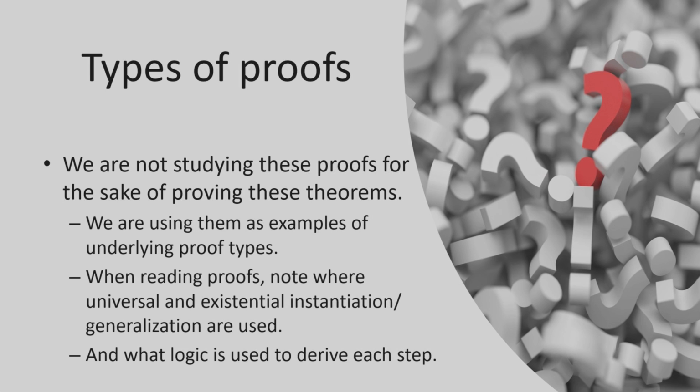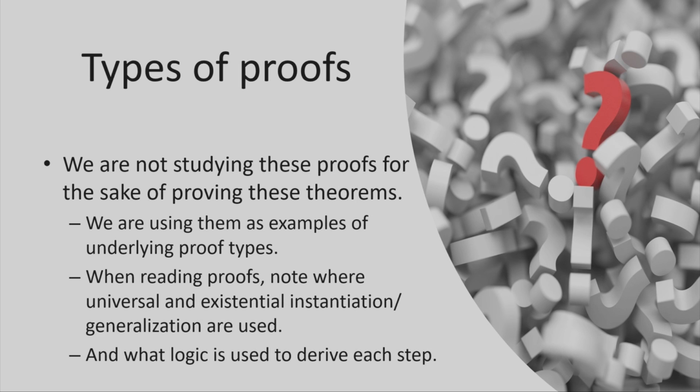And while you're reading proofs, I don't really want you to memorize what it says and what the final result is and what theorems we are proving. But I do want you to look at the proof and say, aha, so here, this step is because of universal instantiation. And in this step, we use the definition.